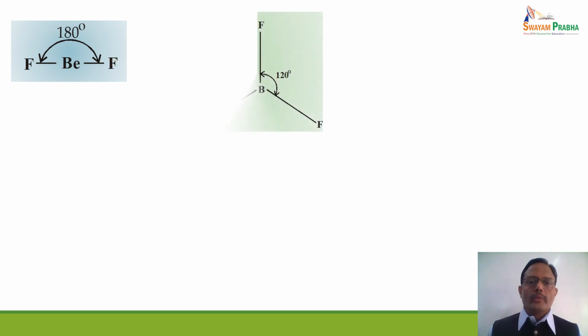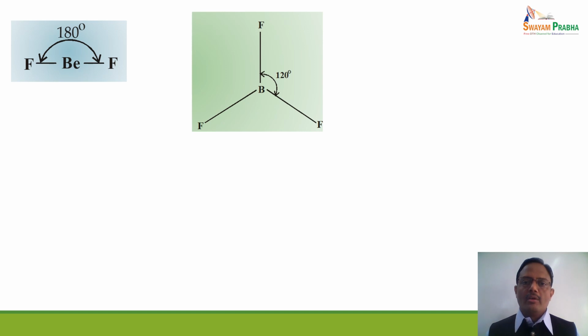When we come to another molecule like BF3, now boron has 3 electrons in the valence shell and each fluorine has 1 electron. So there are 6 electrons in the valence shell of boron. That is, there are 3 valence shell electron pairs and the maximum angle between them will be 120 degrees. So the geometry will be trigonal planar.